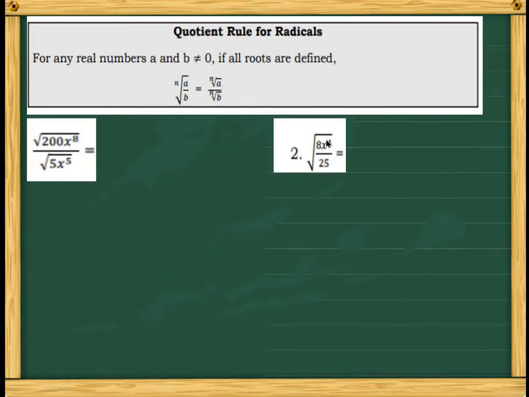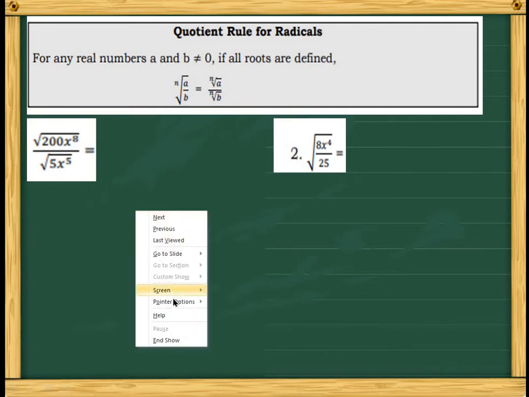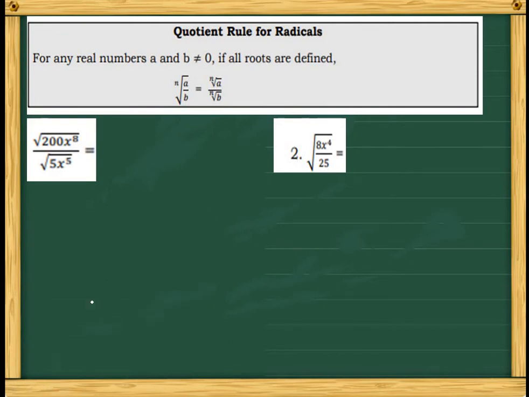Next, we have here square root of 200 x to the 8th power all over 5 x to the 5th power. So note that we can rewrite this one as 200 x to the 8th power all over 5 x to the 5th power.